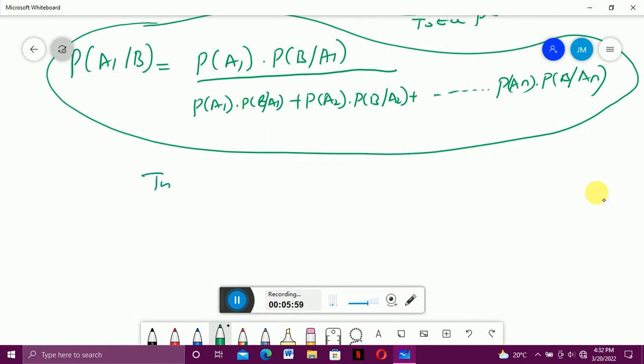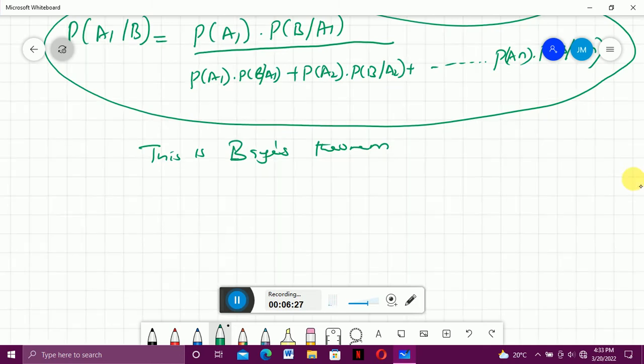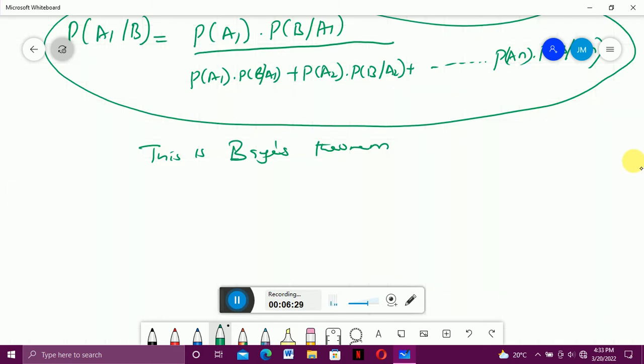So this is Bayes' theorem, but it is not in general form yet, because we are just considering two mutually exclusive and exhaustive events, A1 and A2, and another event B. Suppose we want to write Bayes' theorem in general.